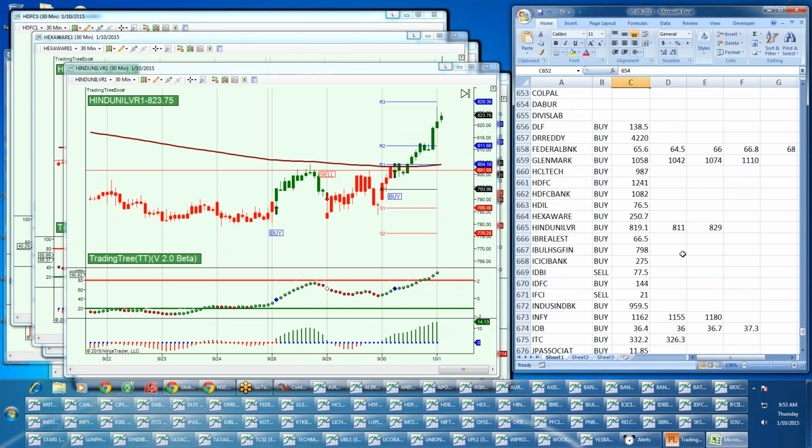So HUL, 819 is our entry. Now we are at 824. So that's 5 rupees up.